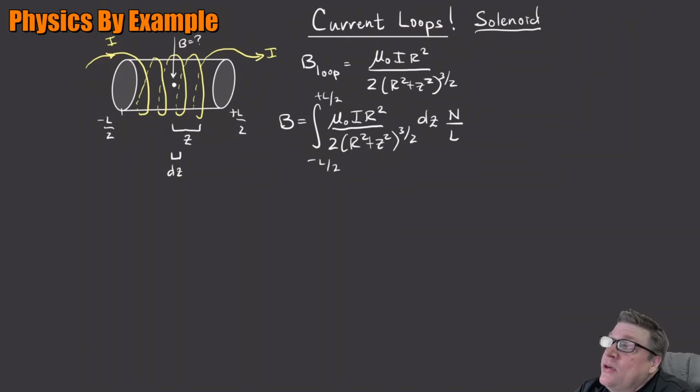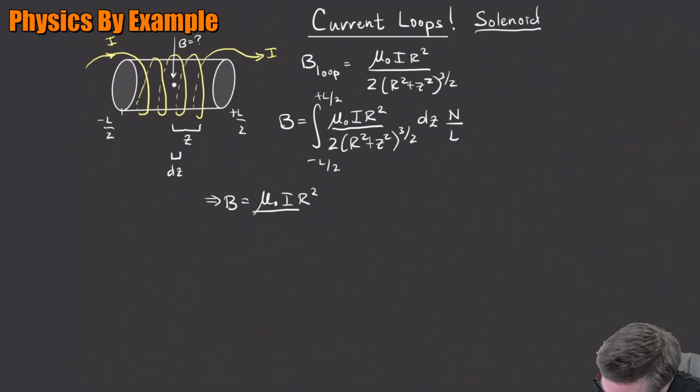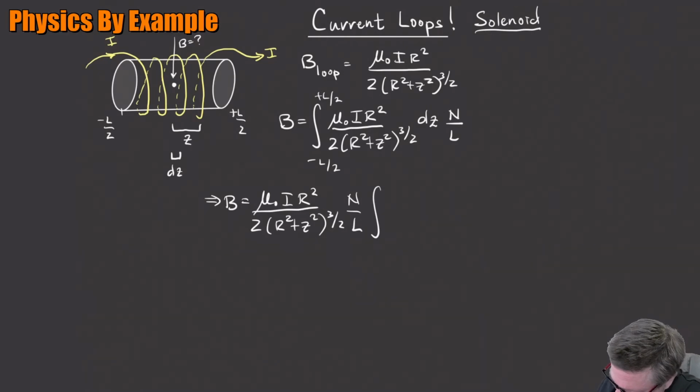Okay, so if I have all that, I'm pretty much ready to go. A lot of this stuff is constants, so they come out front. So I've got B is mu naught I r squared over 2 times (r squared plus z squared) to the 3/2, and I've got an N over L. Oops, I brought out too much.